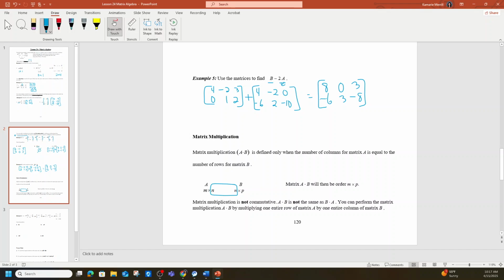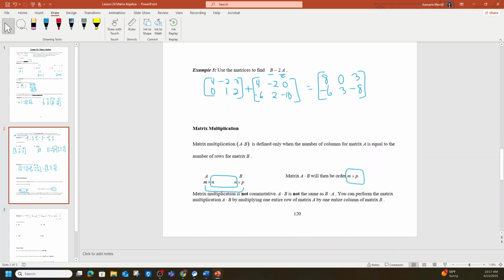And if they're the same, my matrix A times B will result in an M by P. Okay, so if my columns line up with my rows, it'll work, and you'll see why. Because you multiply your column with your row for that element.